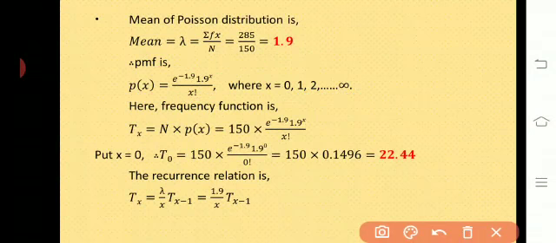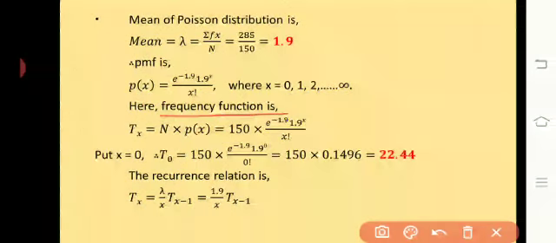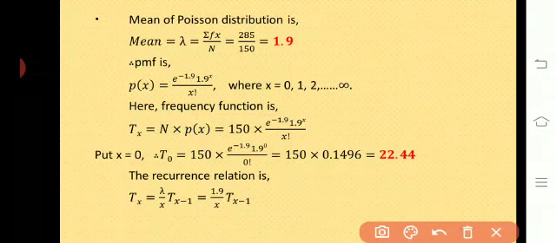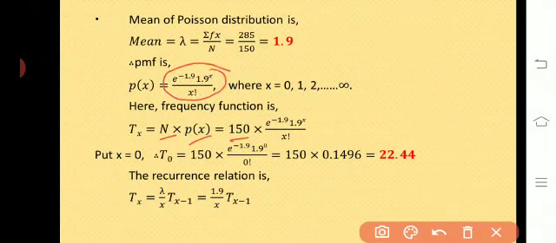Then the frequency function is Tx equal to capital N into p of x. Now capital N, the total frequency, is 150, so Tx is 150 into e raised to minus 1.9 into 1.9 raised to x upon x factorial.